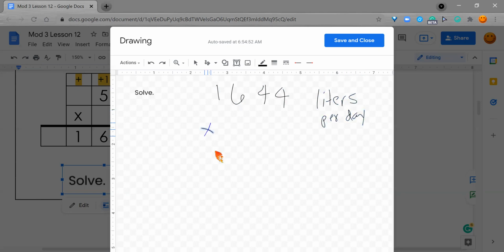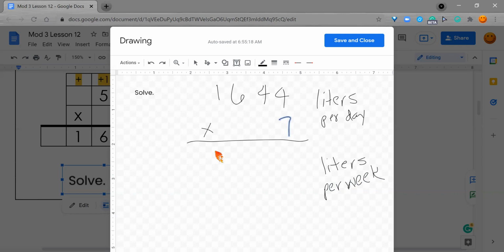We want to know, I don't think I'm using a 3. I know per day, we need liters. We need per week. So how many days are in a week, you guys? Very good. It is 7. So we're going to figure out how many liters of water they use per week.